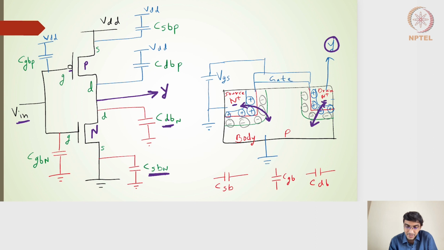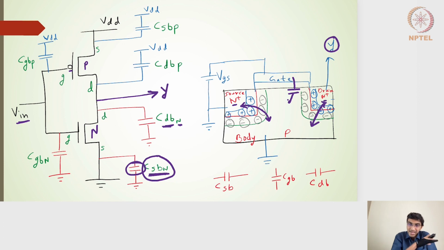So CSBN represents the NMOS, S and B represent source and body. Similarly, the capacitance CDBN represents the drain to body capacitance of the NMOS. On the source side, if I look at this capacitance very closely, the source is grounded and the body is also grounded, so both terminals of this capacitance are grounded. Similarly, on the gate side, I will have the gate to body capacitance, or gate to channel capacitance, which we had seen in the previous module.